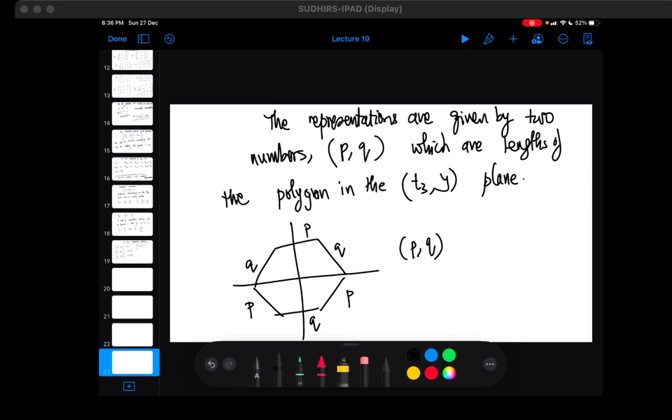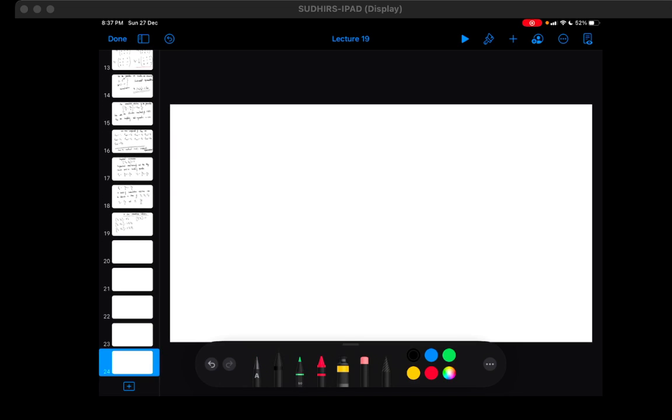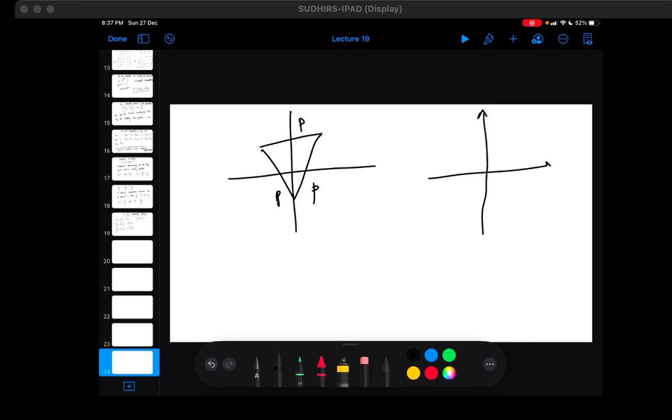Say, for example, to give you more idea, the fundamental representation is given by this, and the anti-fundamental is given by this, where these are equilateral triangles.